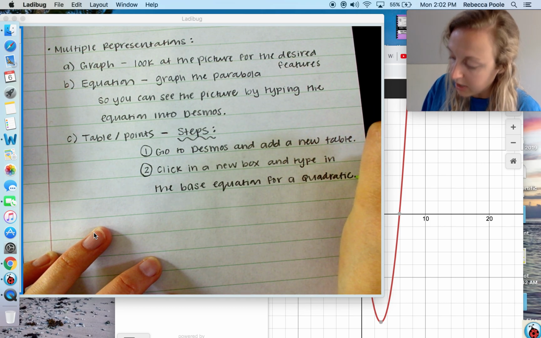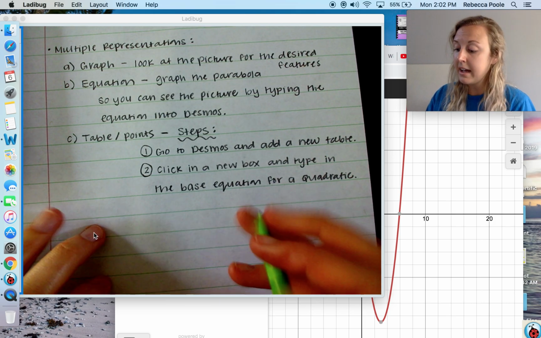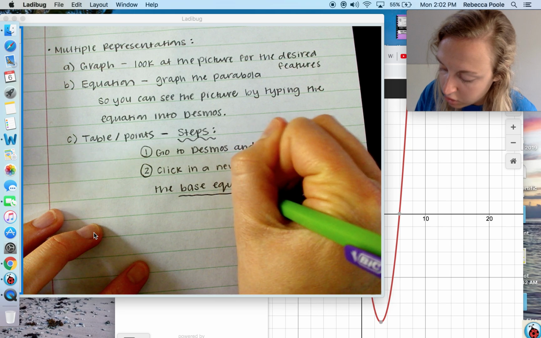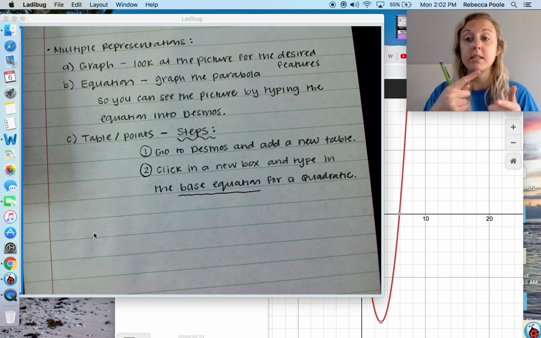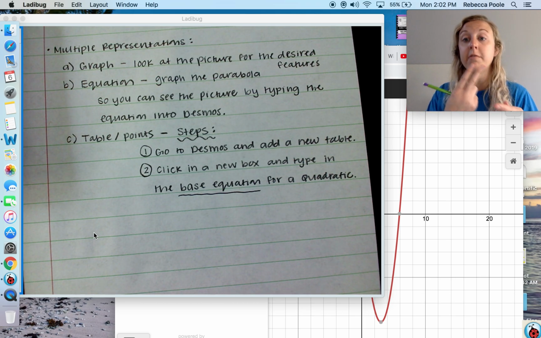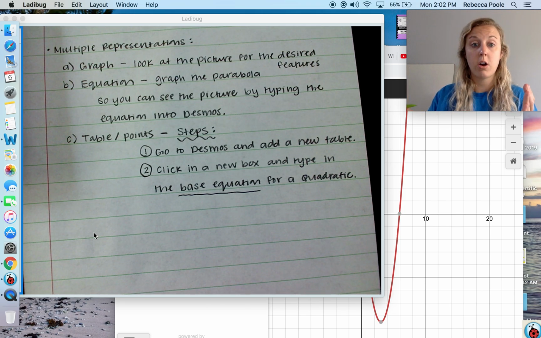Now, this is where y'all are honors kids, so I'm going to take this a step farther, okay? When I say base equation for a quadratic, that doesn't tell you what form it has to be in. So for this next part, you could type in standard form, you could type in vertex form, or you could type in factored form. Really doesn't matter, okay?